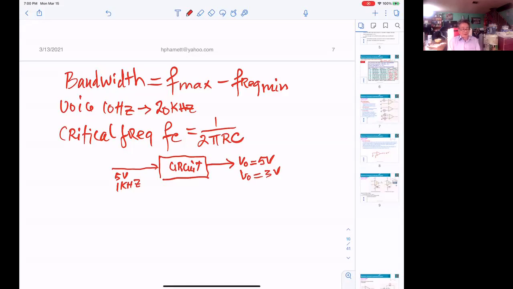And when we're talking about the critical frequency, that means at that frequency, the output will be what? At cutoff frequency, Vout equals, remember this formula, 0.707 Vmax.